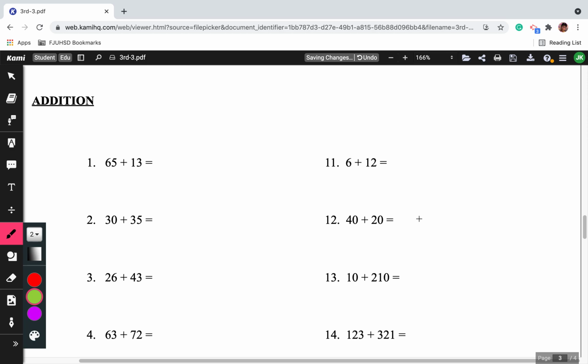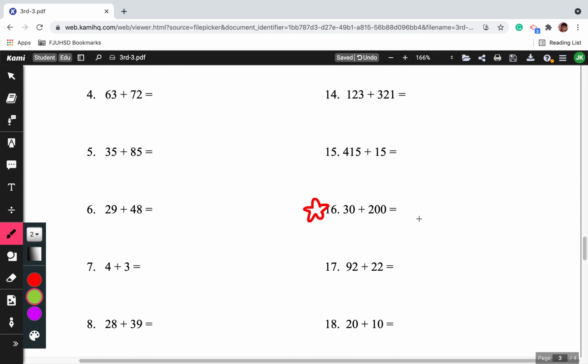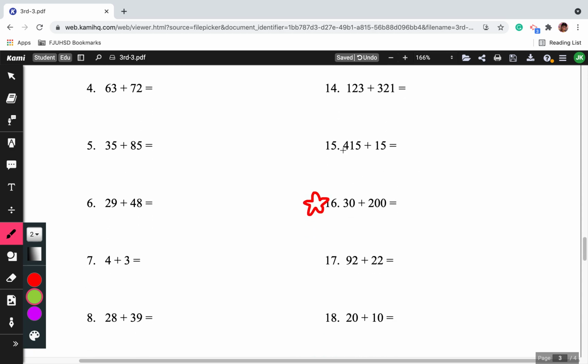Okay, addition, a little review. Let's do number 16. It says 30 plus 200 is what? Because they're commutative, we could switch their order around. I recommend putting the bigger number, the one with more digits, on the top, and the second on the bottom, because it makes it easier to read.